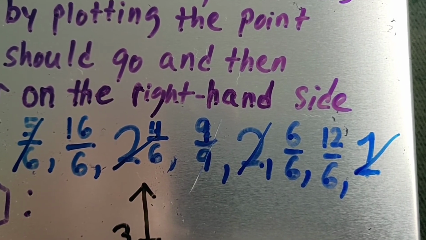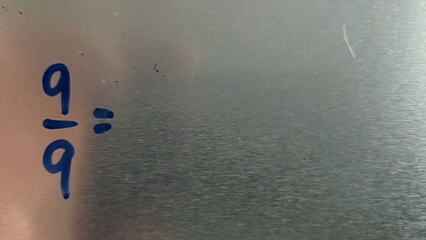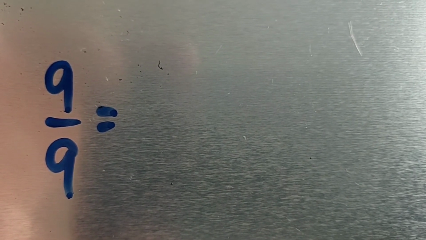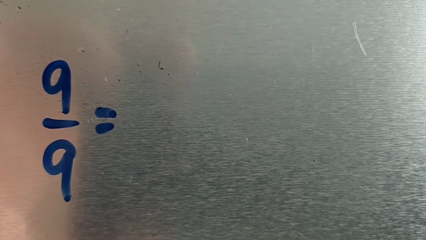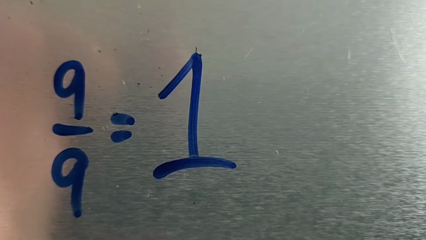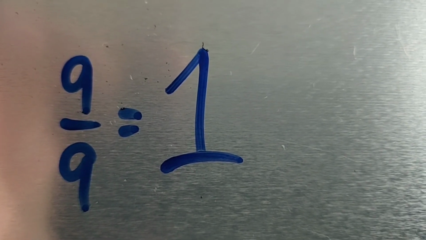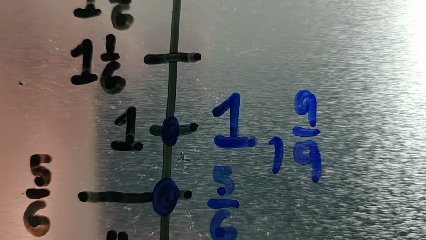So let's look at 9/9. That's an example of where we have the same numerator and denominator in the fraction. So we have a whole broken into 9 equal parts, and we have all 9 parts of that whole, which means we have one whole. So 9/9 equals one whole, and it goes next to one whole on our number line.